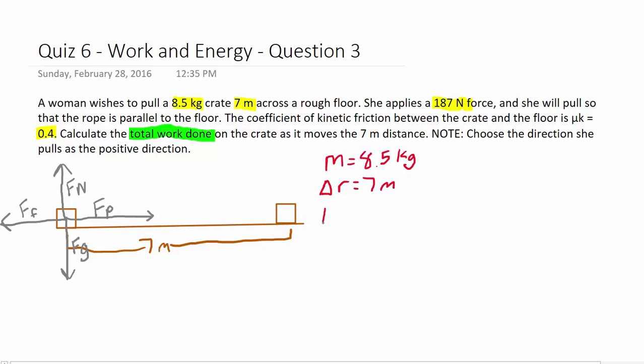We know that the pulling force is 187 newtons. We know that it's pulled at an angle of 0 degrees to the floor. And we know that the coefficient of the kinetic friction is 0.4.